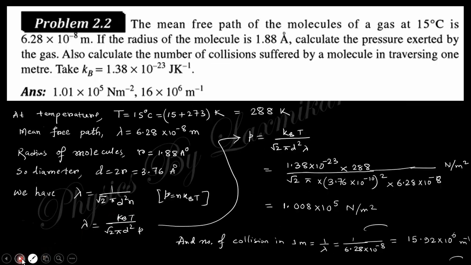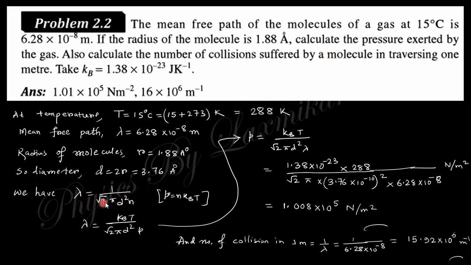Go to the next one. The next question says the mean free path of molecules of a gas at 15 degrees centigrade, that is 288 Kelvin, is given. If the radius of the molecules is this, the diameter will be 2 times this. Calculate the pressure exerted by the gas.